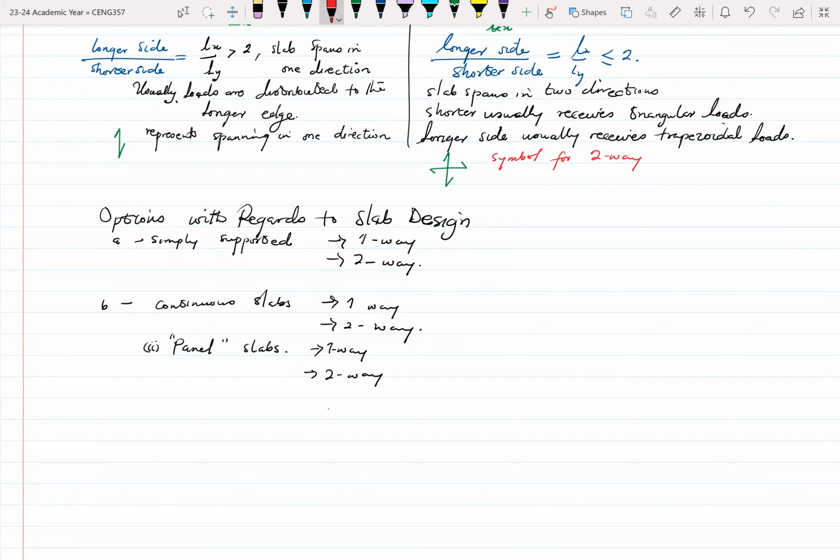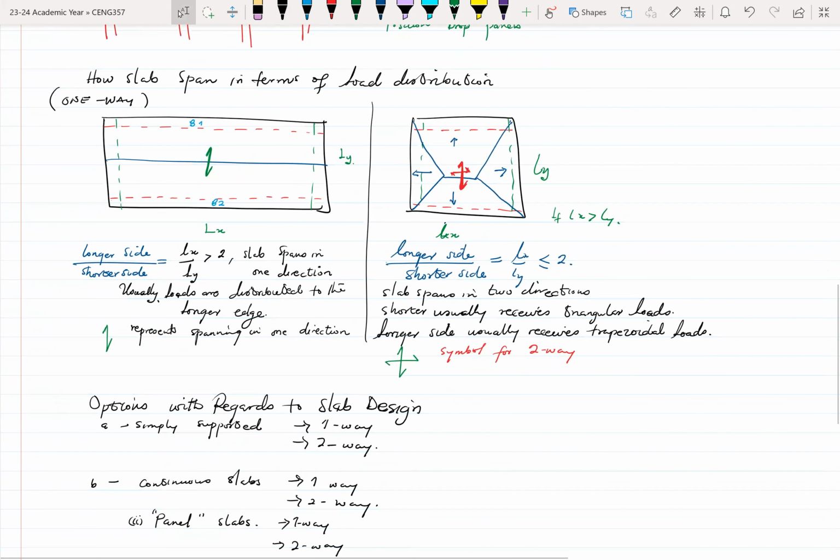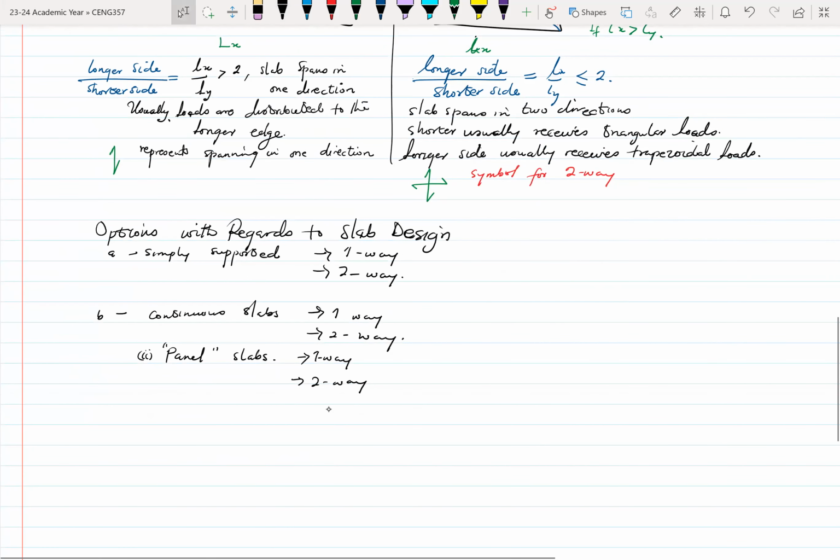So how do we have simply supported slab, right? So going back to whatever we had at the beginning, for one way, let me call this one A, simply supported slab.